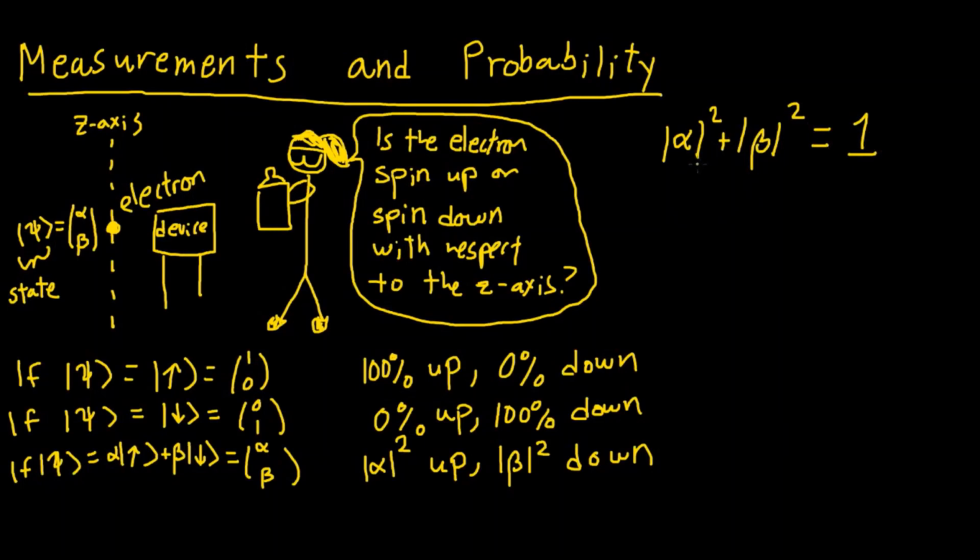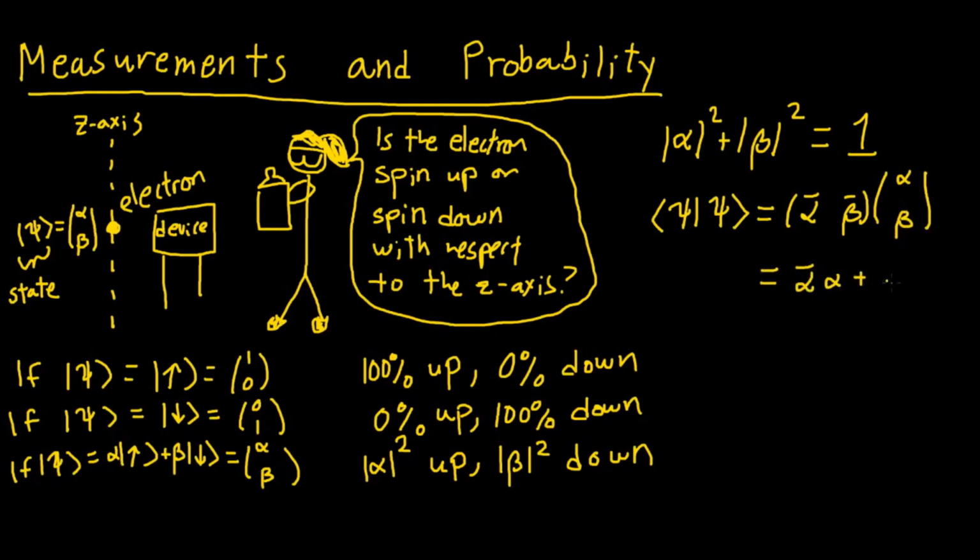Now, the condition that the magnitude of alpha squared plus the magnitude of beta squared is 1 can be written a little bit differently as follows. Notice that the inner product of psi with itself, which we can write using our row vectors and column vectors as follows, equals alpha bar times alpha plus beta bar times beta, which is equal to the absolute value of alpha squared plus the absolute value of beta squared.